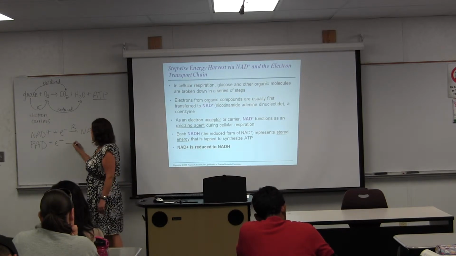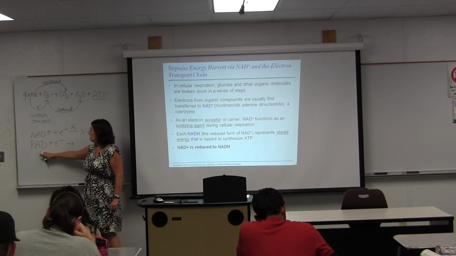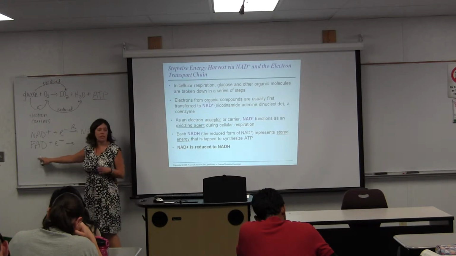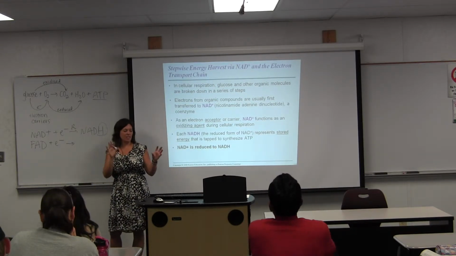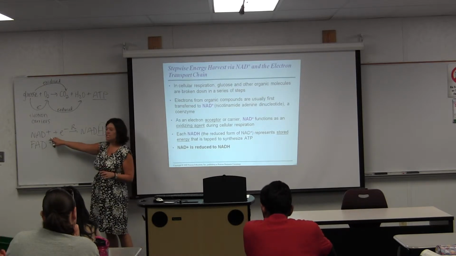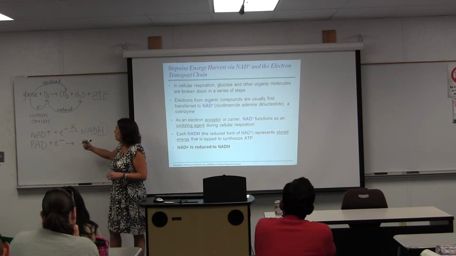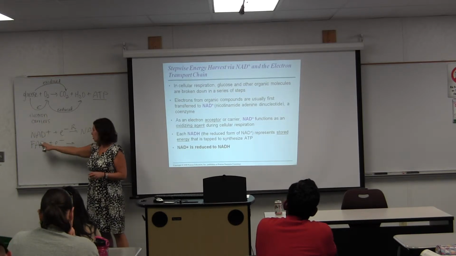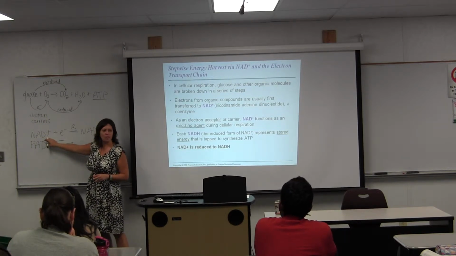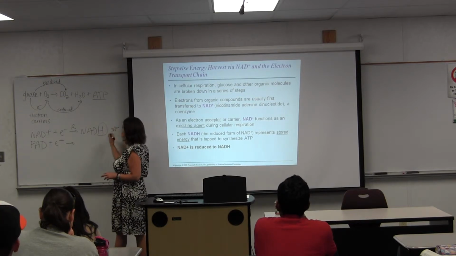Same thing with this one. So this is another electron carrier, and it's going to serve the exact same purpose. It's a different molecule, but it's going to serve the exact same purpose as NAD positive. And so some of these other electrons that we're taking away from glucose, actually most of them, will end up going to form this.